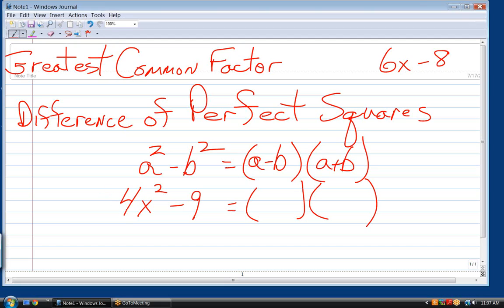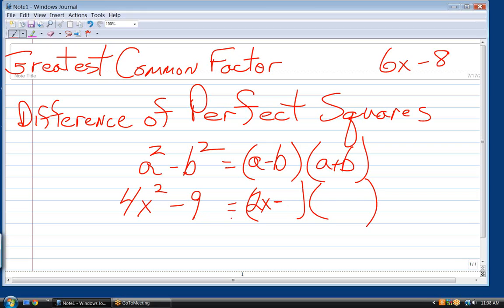What's the square root of 4x squared? 2x. Yeah, both sides. 2x, exactly. Let's just do the left side. This is a little different than normal factoring. Here, if we can get the left side, we don't need to do any work to do the right side. And the left side is always a negative.